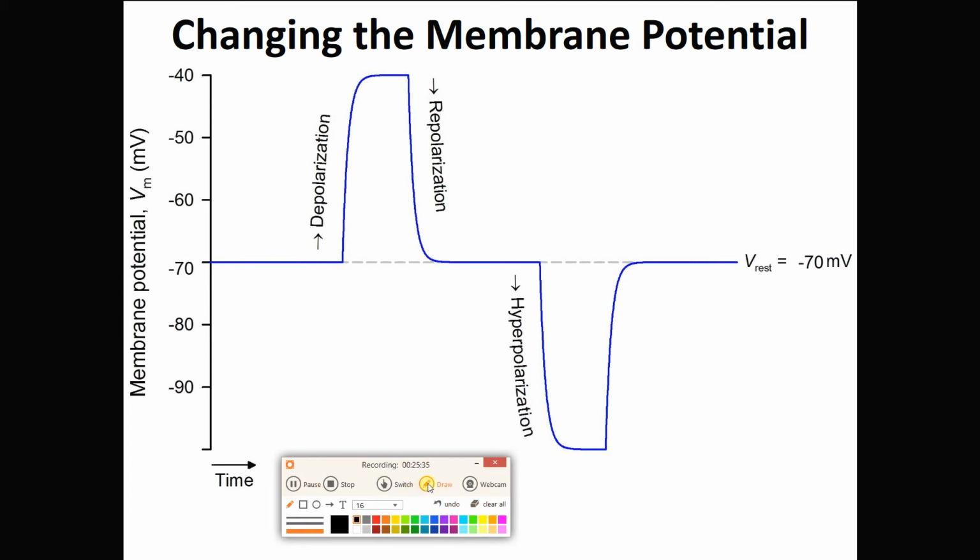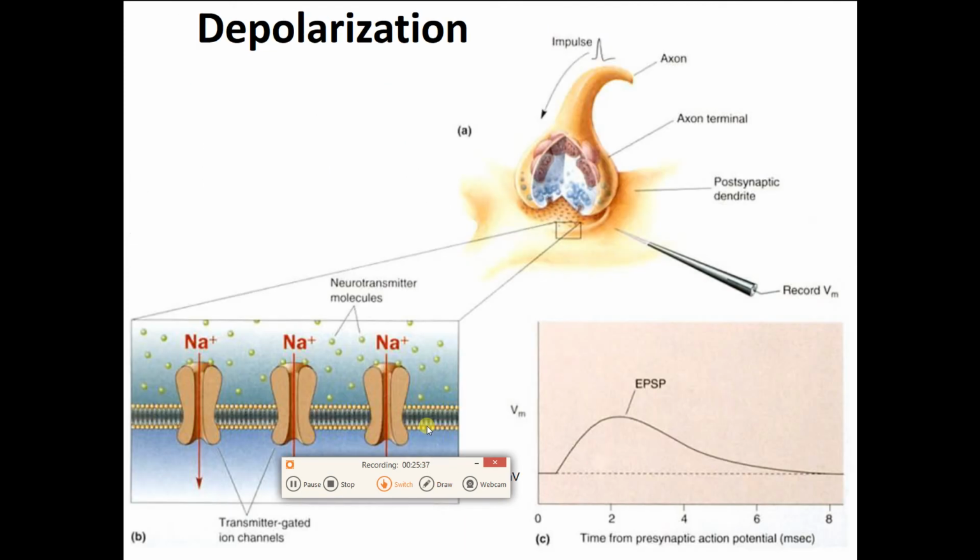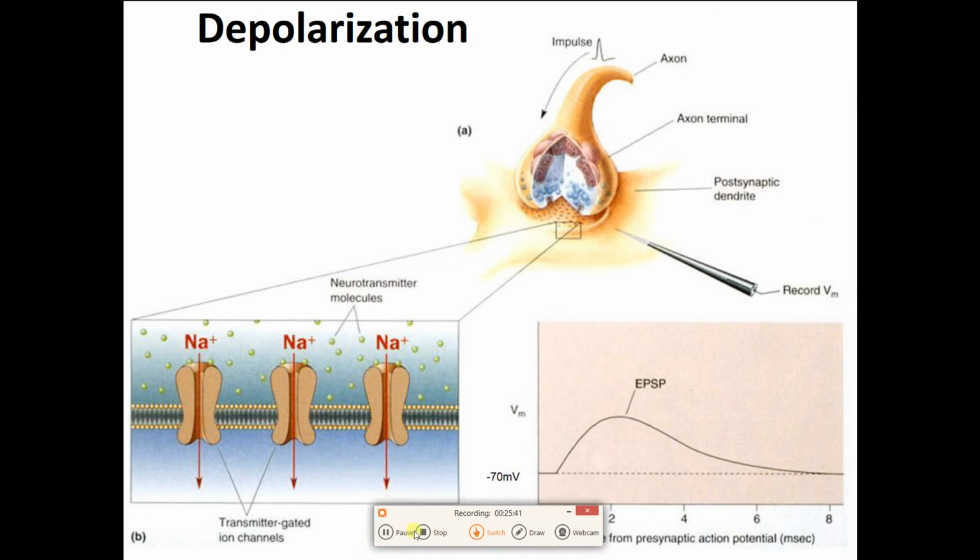Let's keep on going and talk about how depolarization might occur. Depolarization is when the membrane potential gets more positive. We start at rest and it gets more positive. I see a graph of depolarization here.